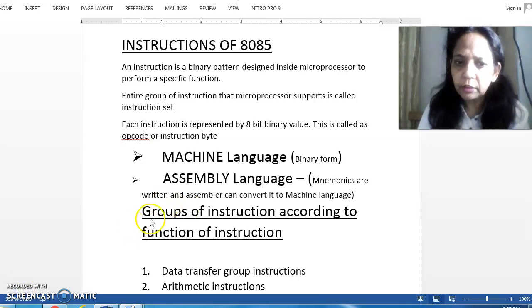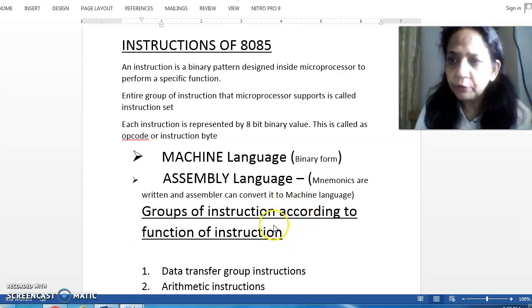Now we will first see what are the groups of the instructions, and the groups actually depend upon the function of the instruction. What does that instruction do? According to that, the instructions are divided into 5 groups.